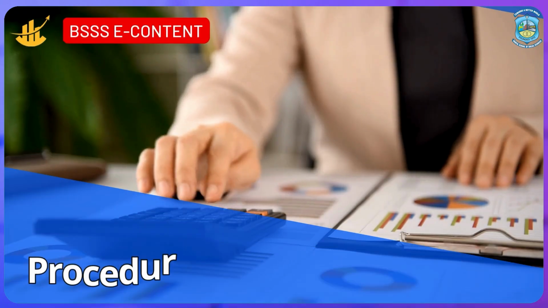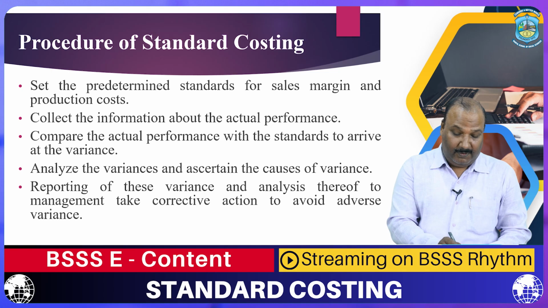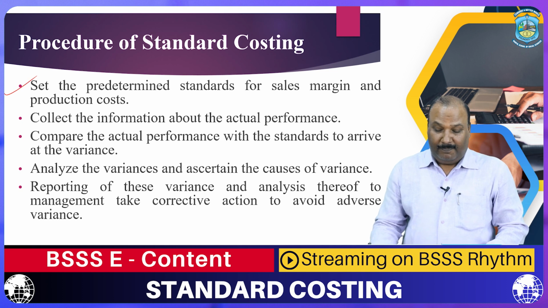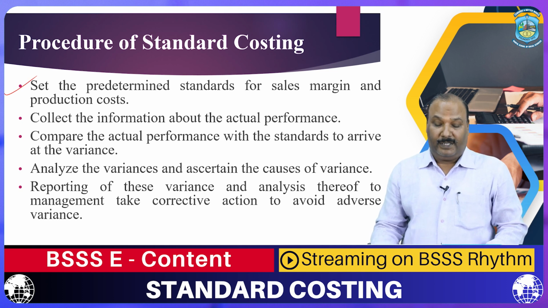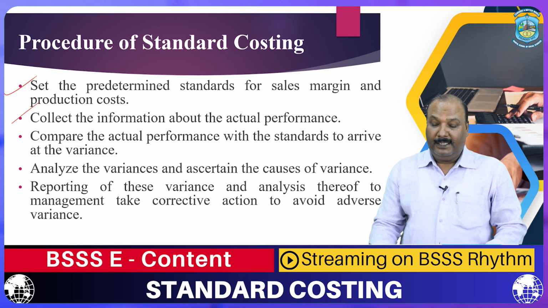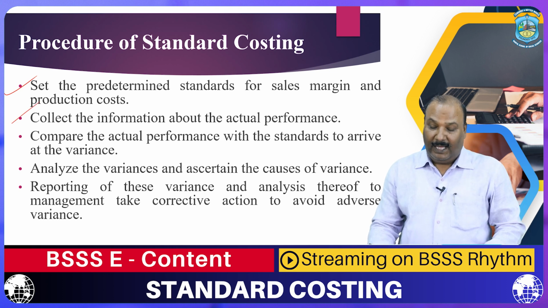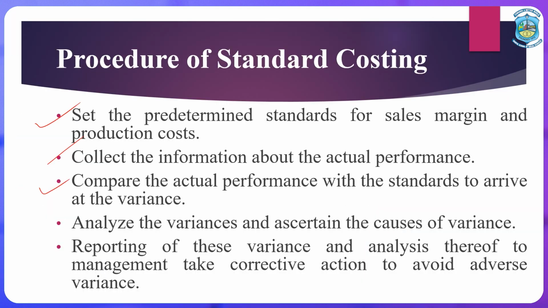Now, we will discuss the procedure of standard costing. Number one, set the predetermined standard for the sales margin and production cost. Next, collect the information about the actual performance. Next step is to compare the actual performance with the standard to arrive at the variances.